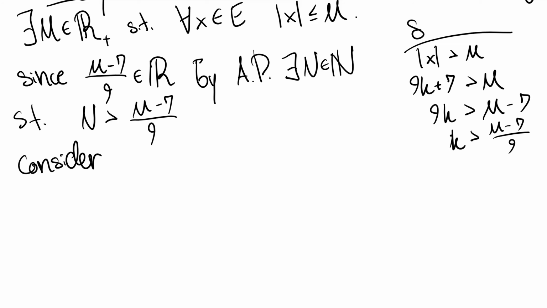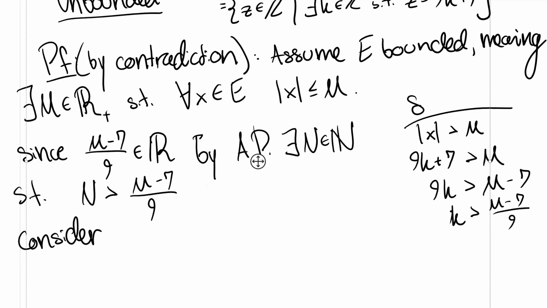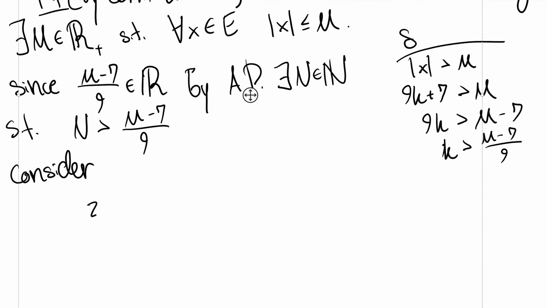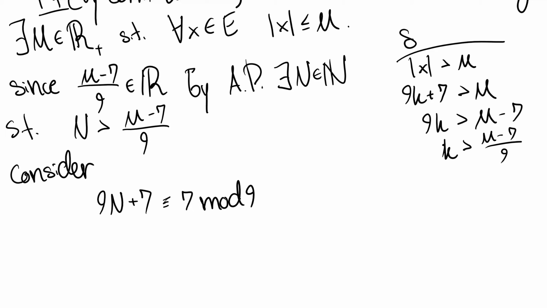Now let's consider 9 times n plus 7. This is equivalent to 7 mod 9. Therefore, 9n plus 7 is an element in E.